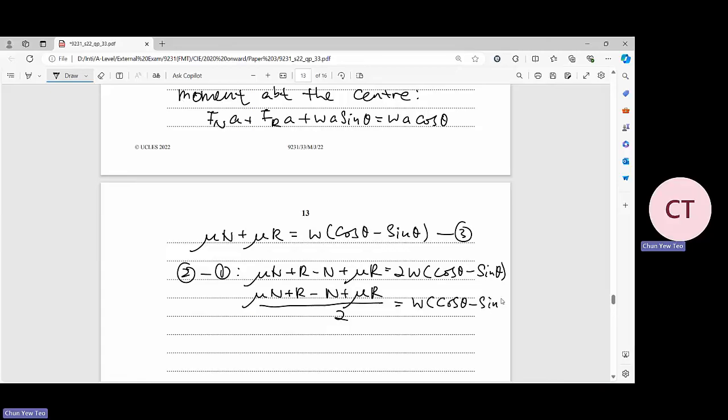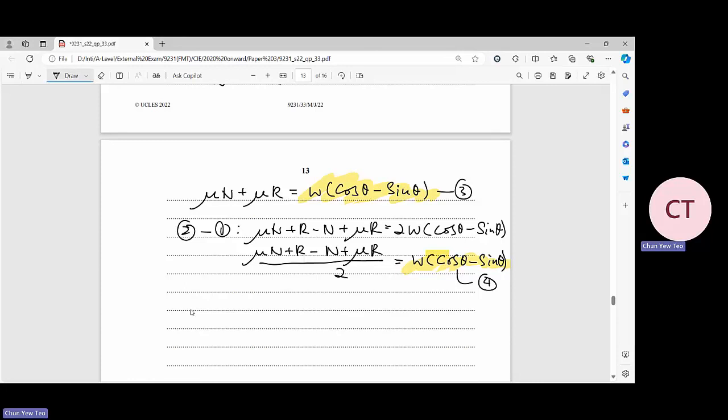minus sine theta. So I call this one equation number 4, and you can see that in equation number 4, this part and this part are the same. Okay, so since they are the same, we can just let number 3 equal to number 4.